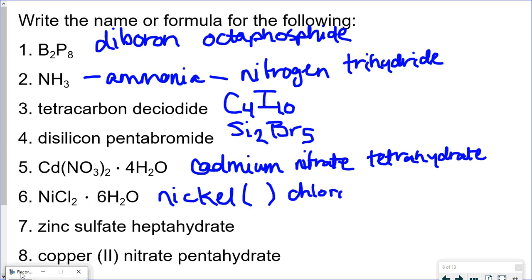Make sure to change the ending to IDE on those second elements that are off the periodic table. Chloride has a -1 charge, so since there are 2 of them, nickel must be a +2 charge. So you can uncrisscross essentially to find the charge. And then 6H2O, 6 is hexa, so this is hexahydrate.